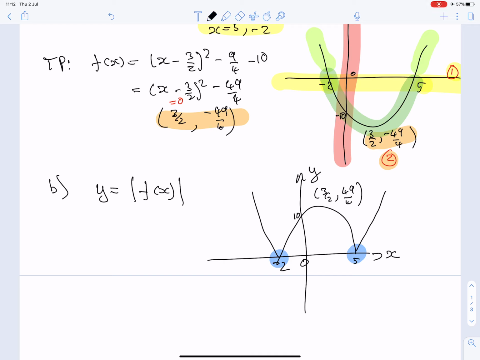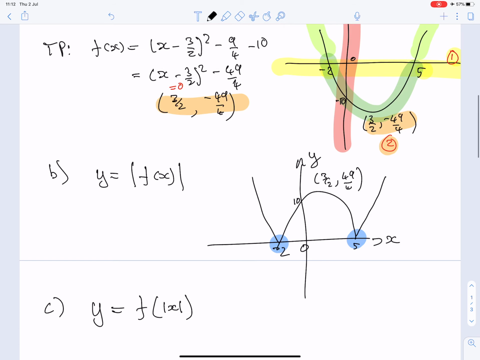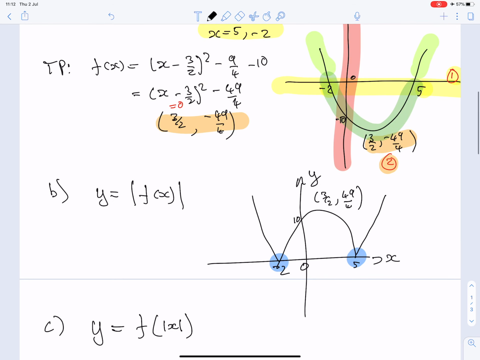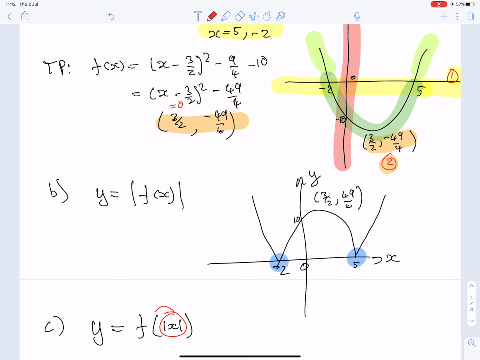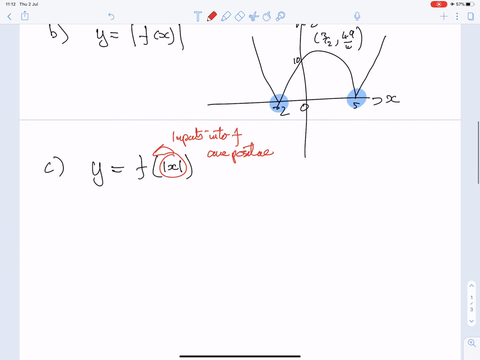Okay, part C. We've now got to do y equals f of the modulus of x. So this says that the inputs into the function f are positive. X can be negative, but it gets made positive before it gets put into the function f.